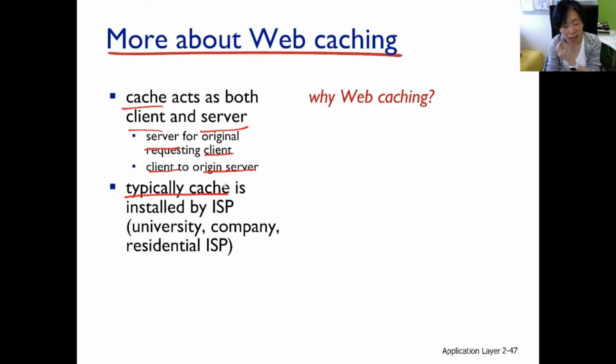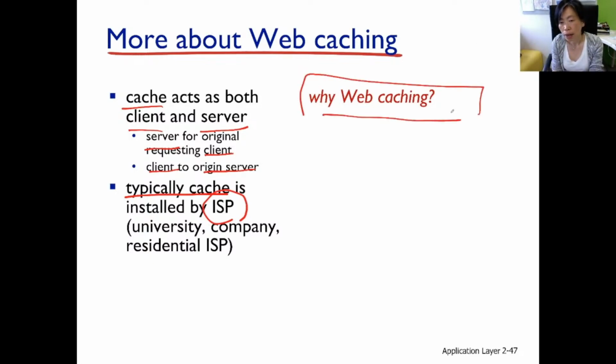Some of you might see already that a web cache like that is actually preferred by ISPs, which serve a whole bunch of customers locally. Usually people sitting close to each other tend to fetch similar content. So a lot of times ISPs might encourage you to set a web cache on your browser. Now let's go through a few examples in detail to see why we use web caching. Local cache, nice, reduces delay, reduces bandwidth.